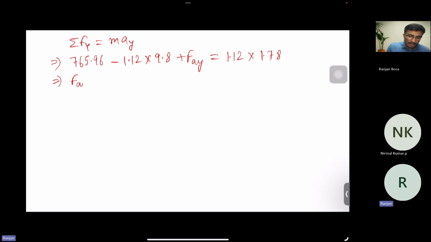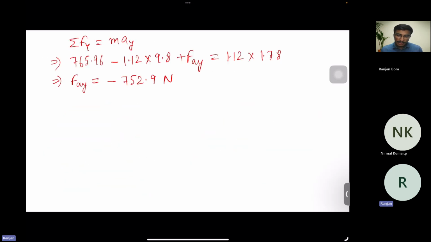Solving this, we'll get FAY is minus 752.9 Newton. So FAY will also act in the vertically downward direction.